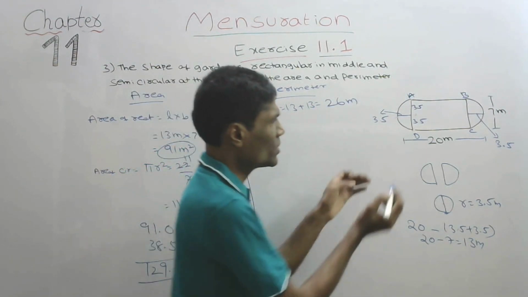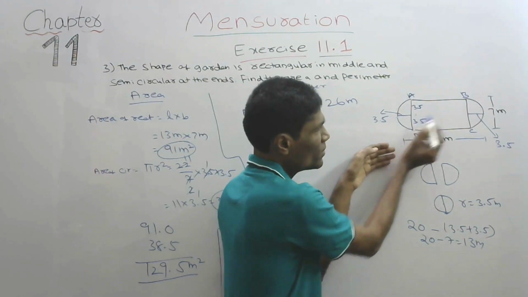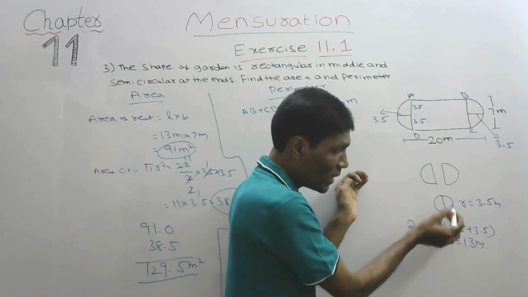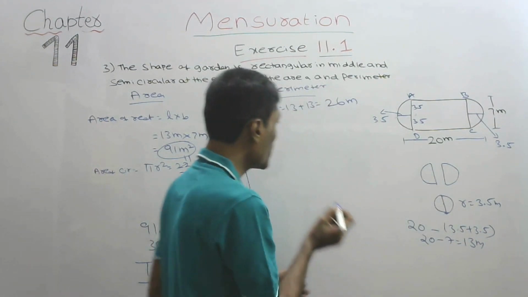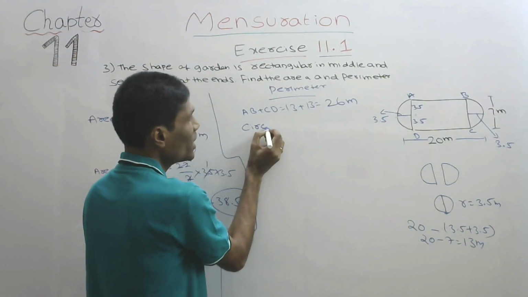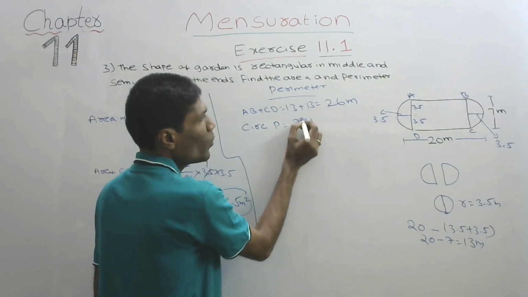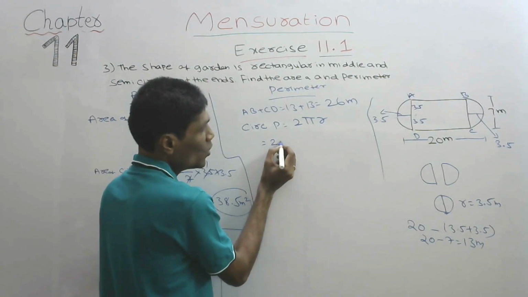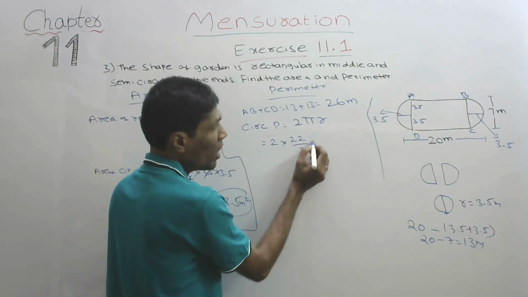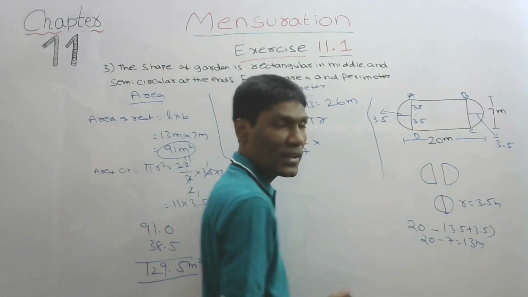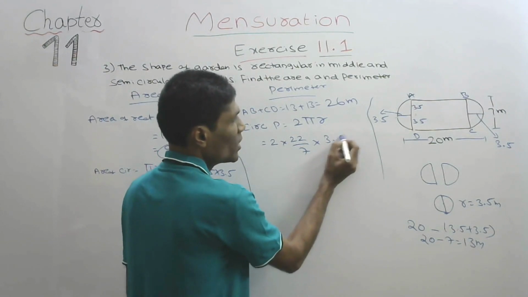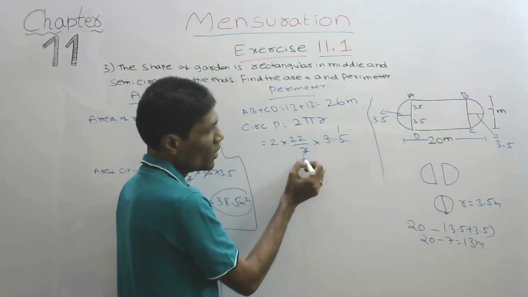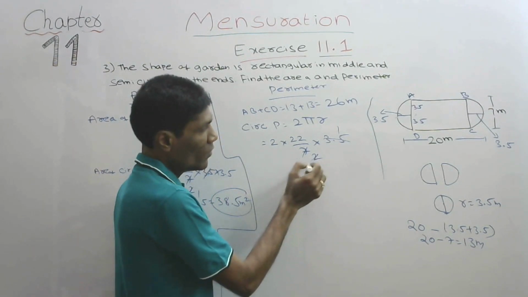Up to this is okay. Now we need to find this part and this part. So circle. We want the perimeter of a circle. What is the perimeter of a circle? Circle perimeter formula is 2 pi r. That is 2 into 22 by 7 into r. What is the radius we have taken? 3.5. So 3.5 ones are 3.5, twos are 2, ones are 2.